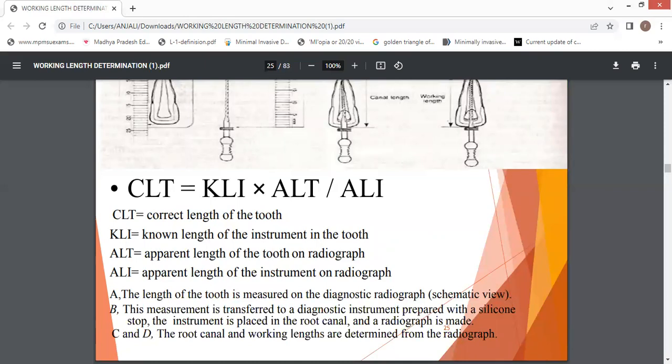A is the length of the tooth measured on the diagnostic radiograph, schematic view. B is the measurement transferred to a diagnostic instrument prepared with a silicone stop. The instrument is placed in the root canal and a radiograph is made. C and D are the root canal and working lengths determined from the radiographs.